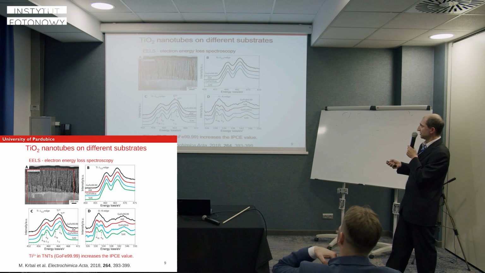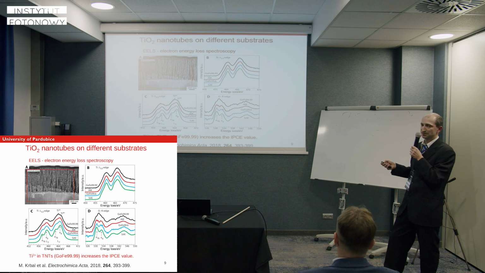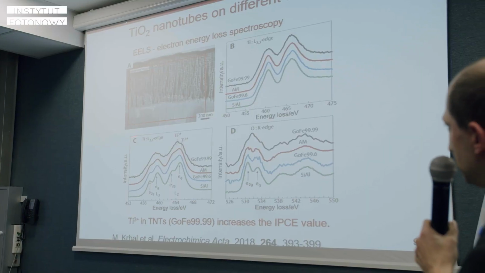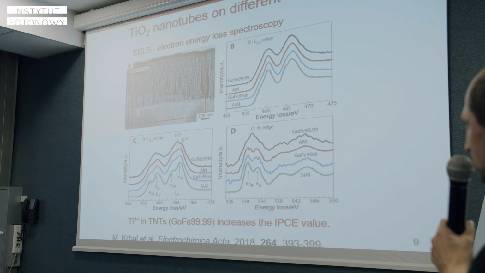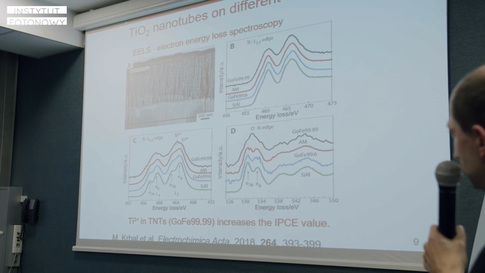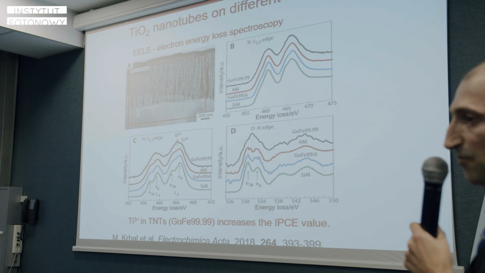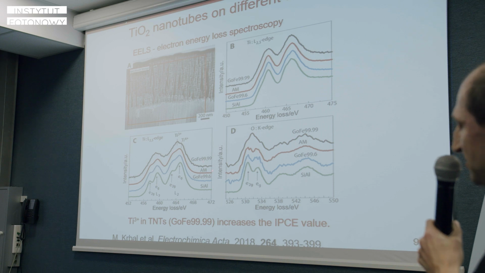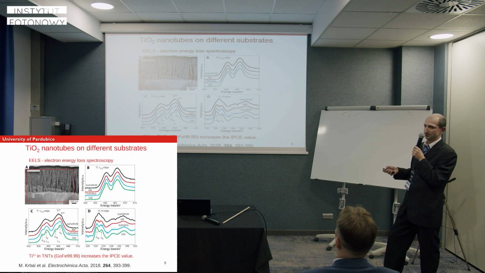In figure B, this is the titanium L2,3 edge of the foil only, and there's practically no difference between them. But if you look at figure C, there are tubes only. You can see a big difference. For example, for Sigma Aldrich, there is a typical splitting, which is for anatase, while for the Goodfellow, which has a very nice photocurrent, here is a feature from titanium 3+.